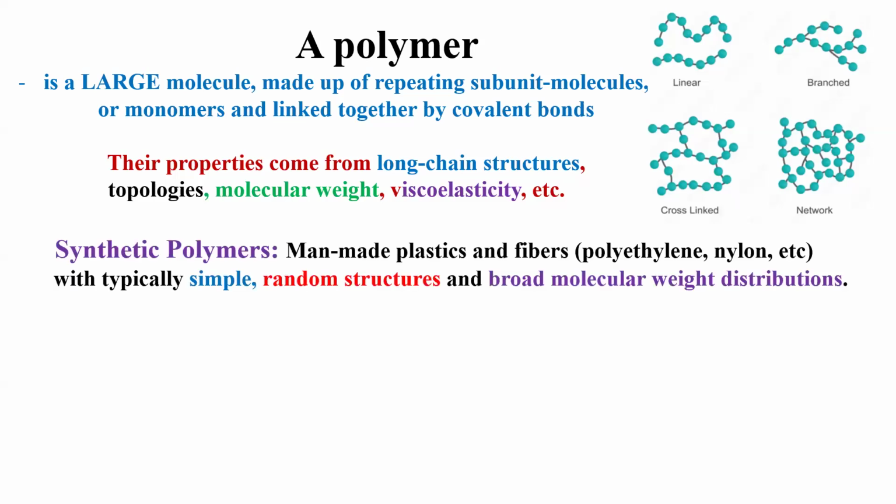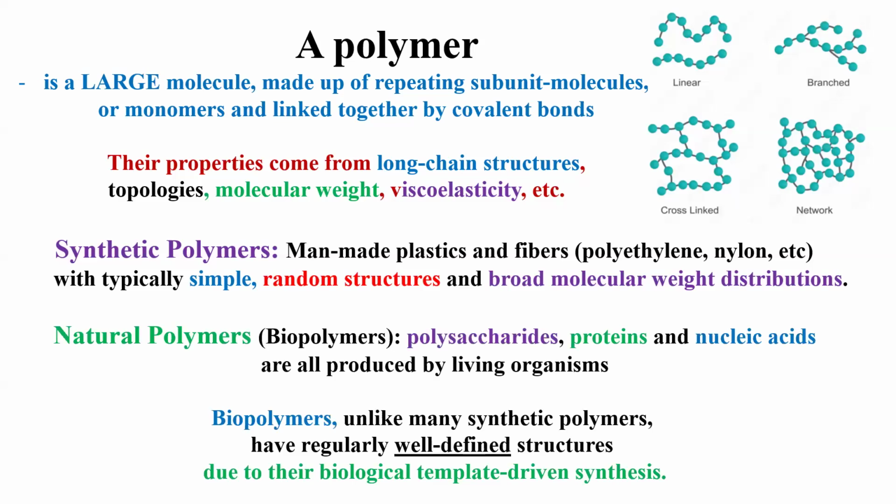And polymers can be roughly divided into synthetic polymers, which are man-made, and plastics and fibers, like polyethylene, nylon, and so on. They are synthetic polymers, and they are typically simple and have random structures, and also a broad molecular weight distribution.